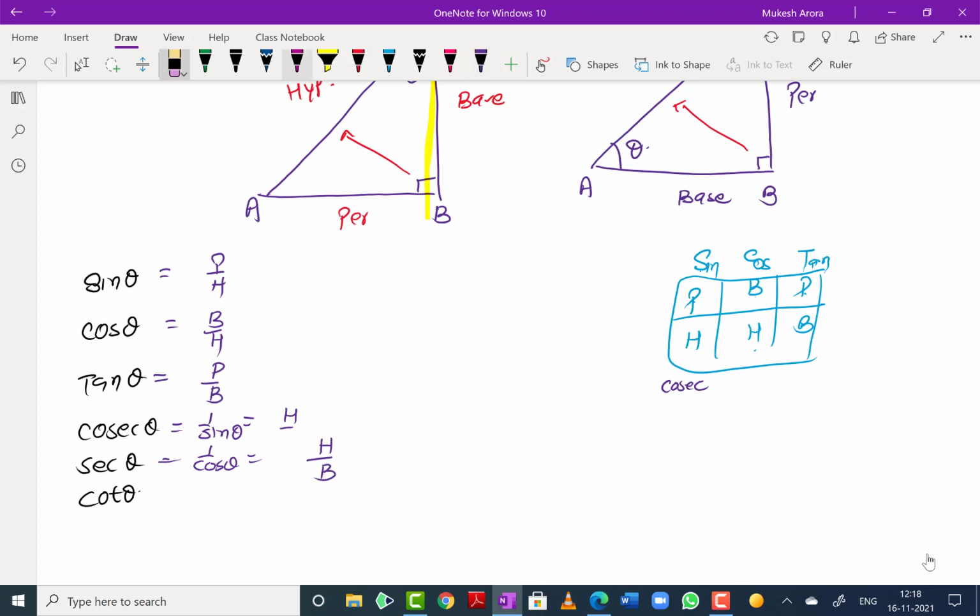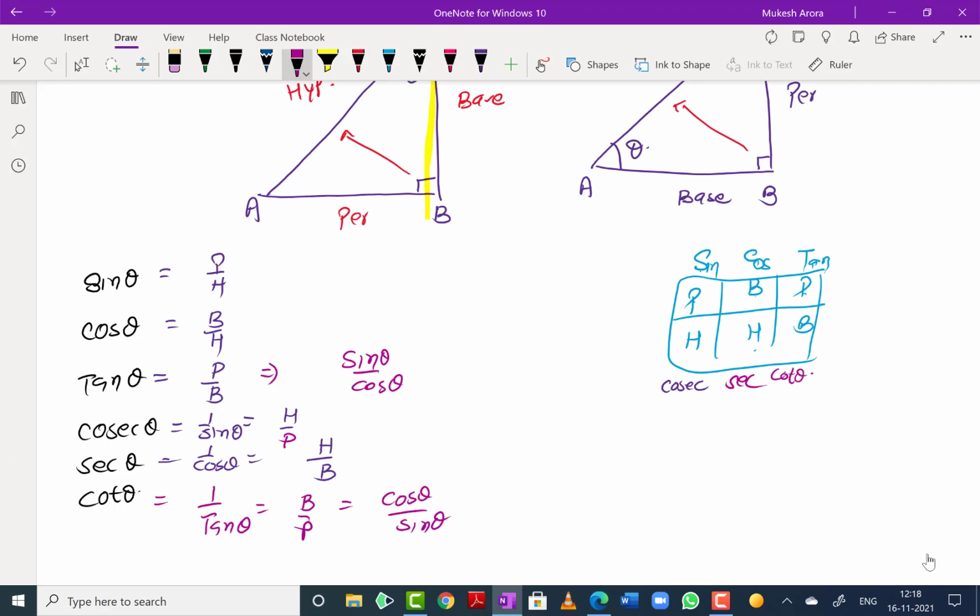Cot is reciprocal of tangent, this will be b by p. Tangent we can also write as sine theta by cos theta, and cot as cos theta by sine theta. This you have to remember.